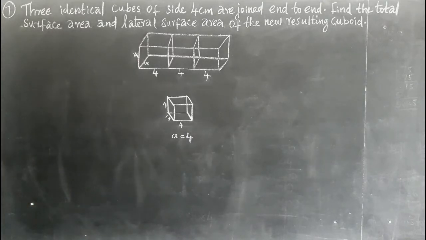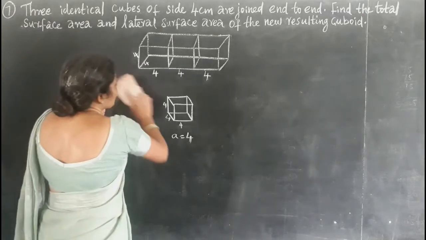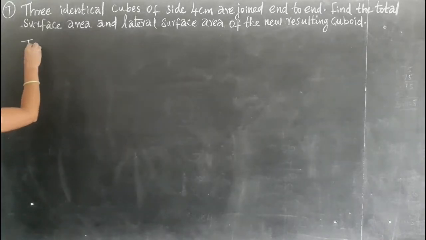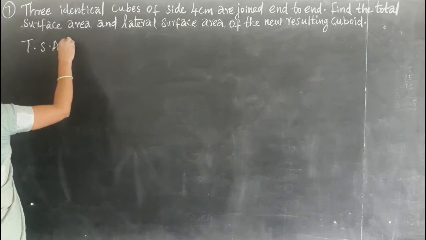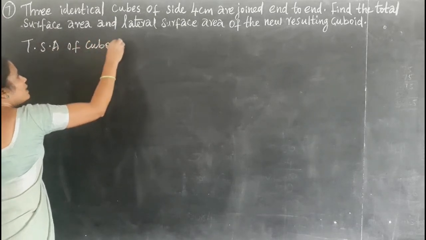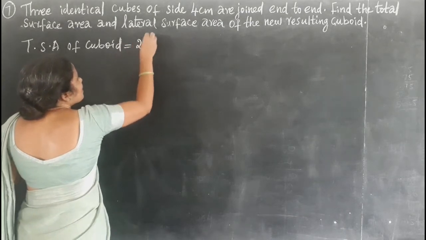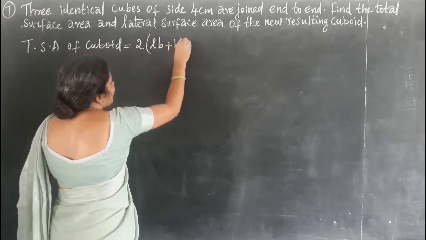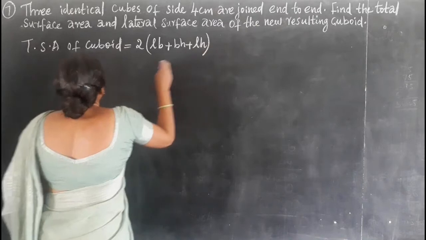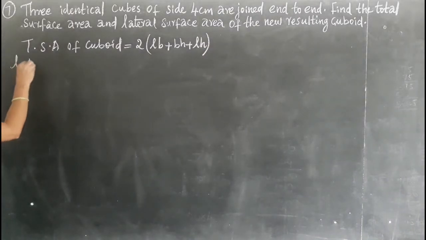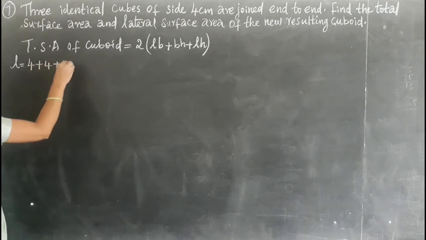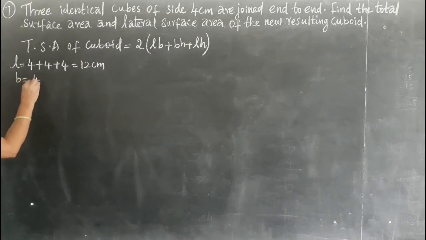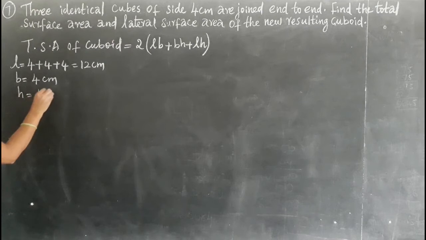So now let us find total surface area. So total surface area of cuboid is equal to 2 times length into breadth plus breadth into height plus length into height. Breadth is equal to 4 centimeter and height is equal to 4 centimeter.